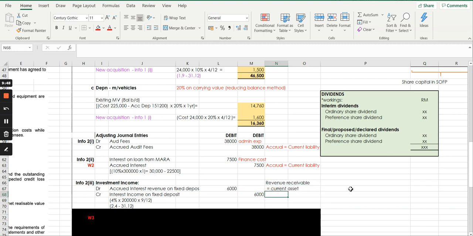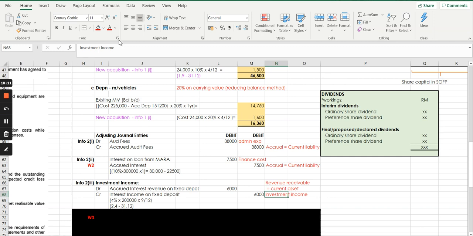This will be in your statement of profit or loss with its own line item, and the accrued interest will go to the current asset section in the SOFP.